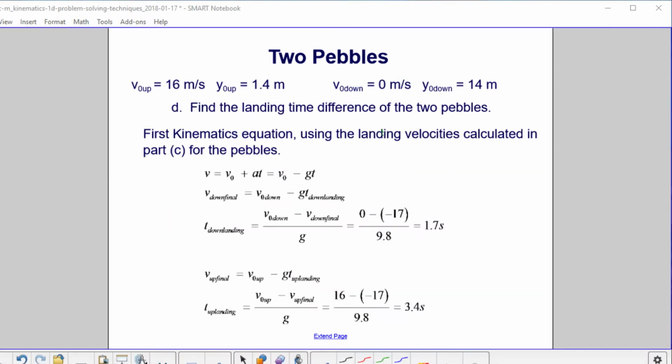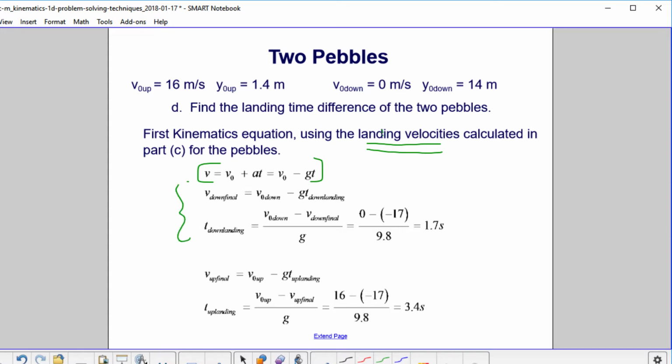Find the landing time difference of the two pebbles. We're going to use the first kinematics equation, and we'll have the landing velocities calculated in part C for the pebbles. So here's our equation, and the acceleration is negative g, and let's start with the pebble falling down.